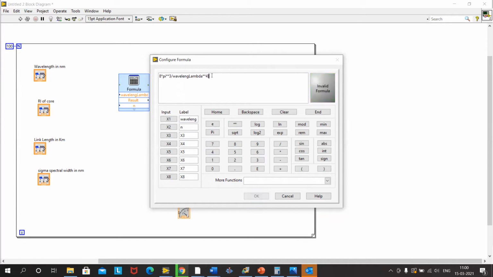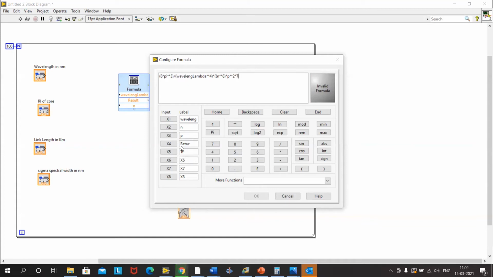We will use proper brackets, into the core refractive index to the power of 8, into p square, into beta c. We need to define the parameter p, beta c, Boltzmann's constant, which we can write directly, and the fictive temperature. You can directly write beta c here.